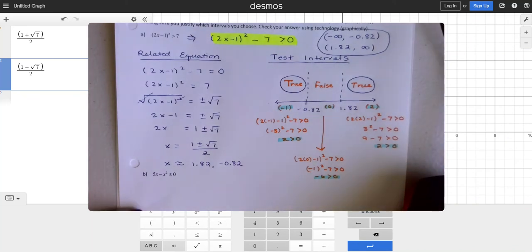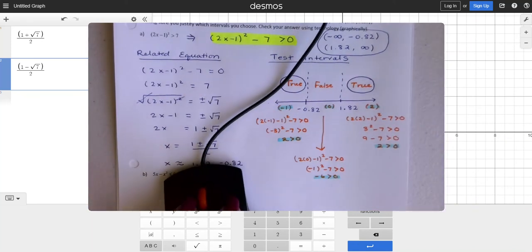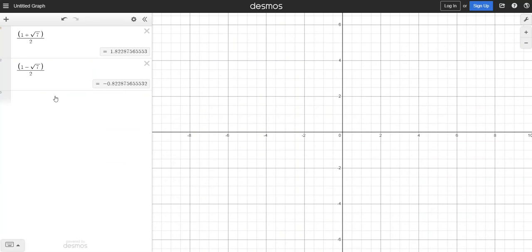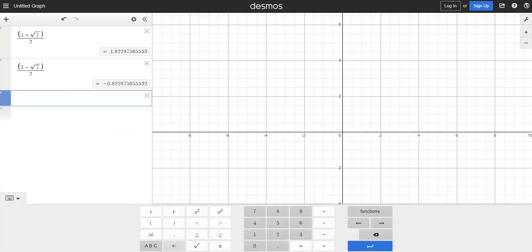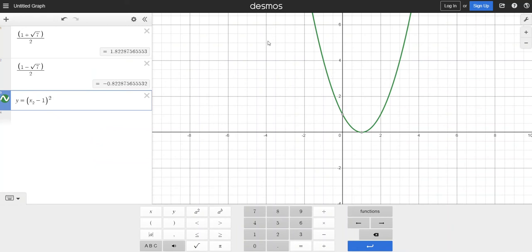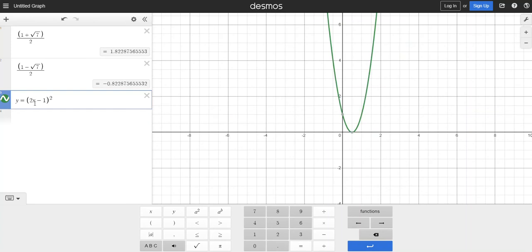All right, let's go ahead and just check this answer graphically. If I put my function that I wanted to have greater than 0 in here as y equals 2x minus 1 squared, whoops, that was supposed to be 2x, not x2, minus 7.